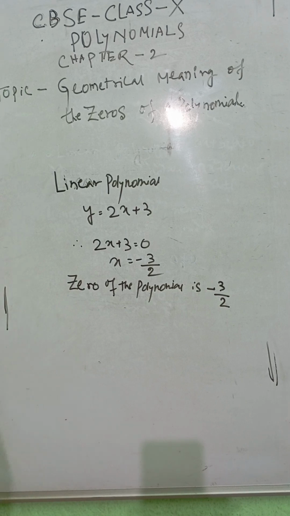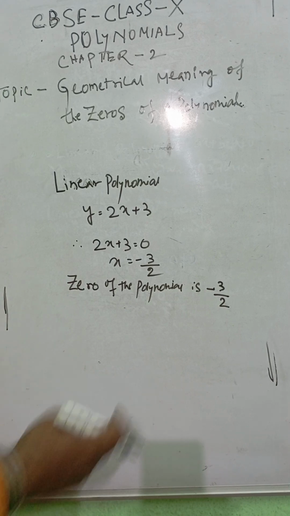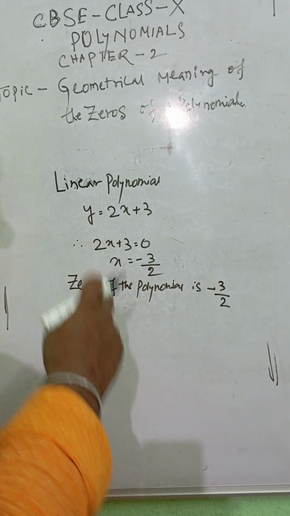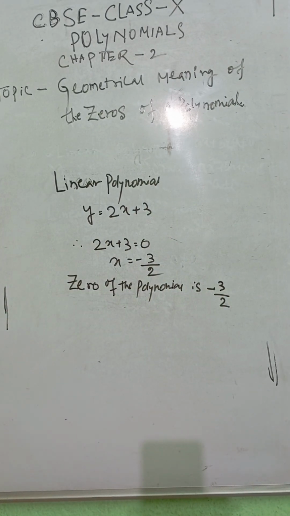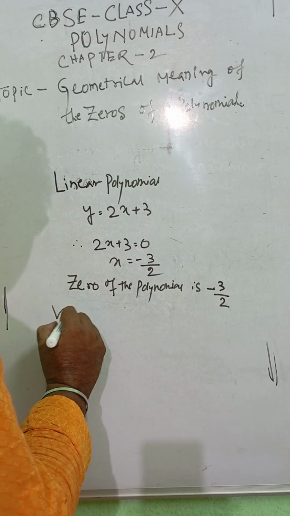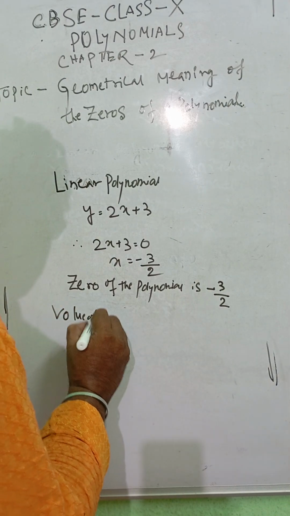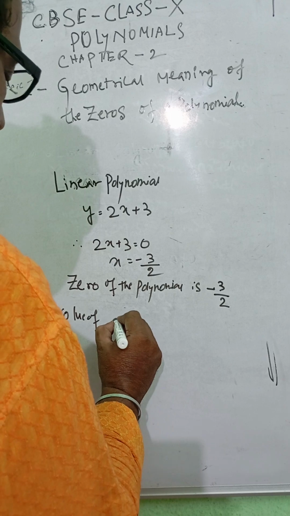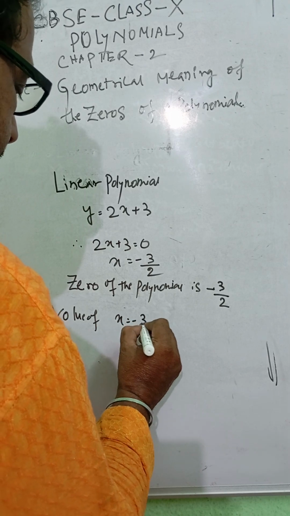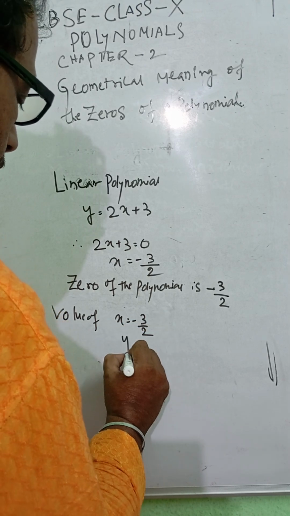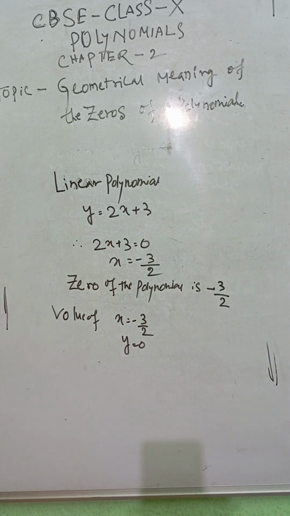Now how can we make the graph? The value of x is minus 3 by 2 and y is equal to 0.